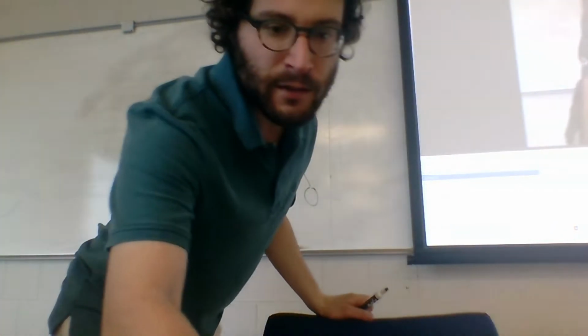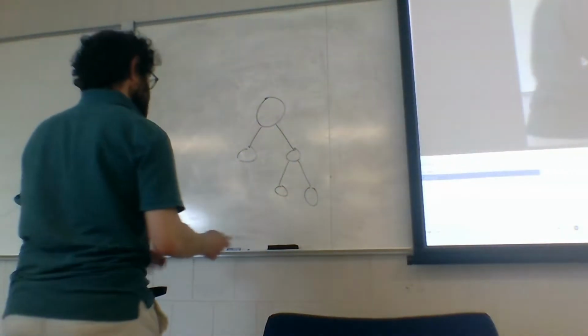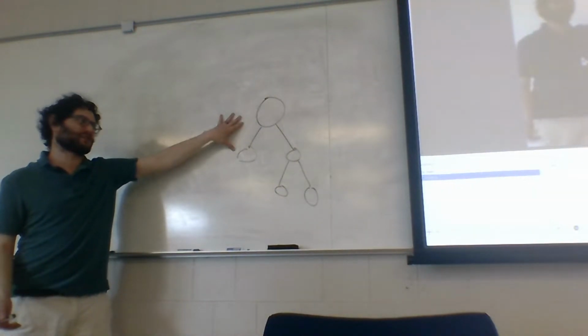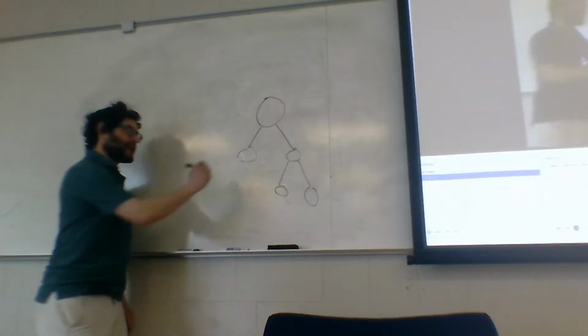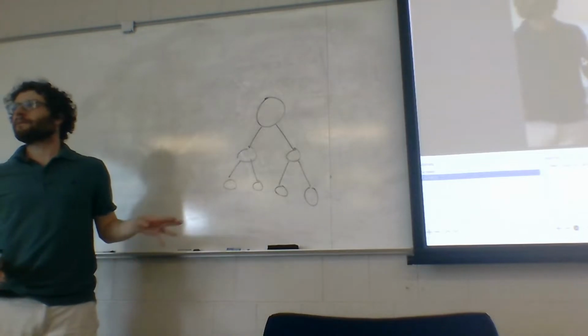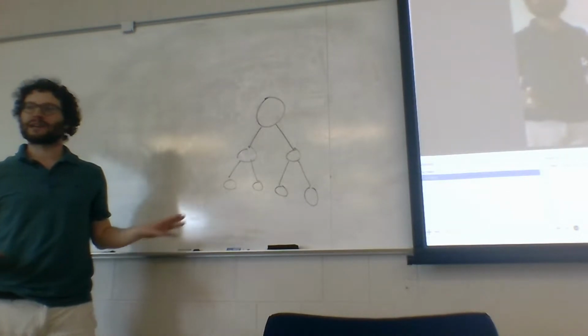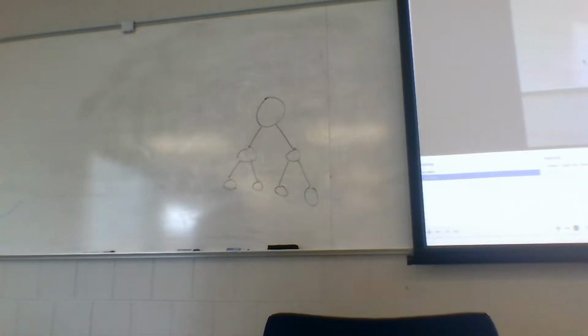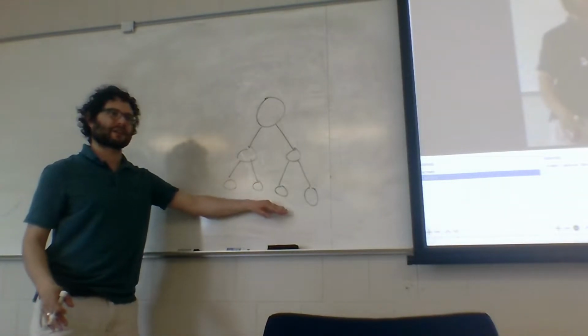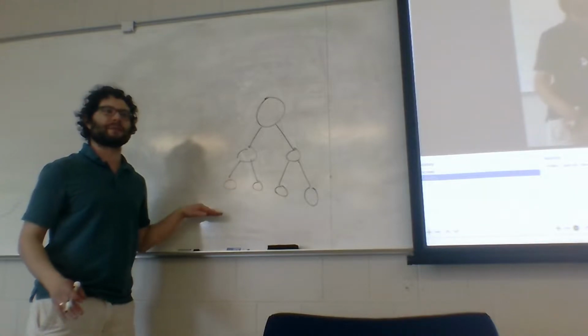Okay. So the other one is complete. This is not a complete tree, even though this area is perfect. Let's first talk about a perfect tree, right? This is a perfect tree over here, if I draw it like this. Everybody kind of knows what a perfect tree looks like. It looks fantastic. It looks symmetrical. Everything is filled up. The bottom row is all even with each other because all the leaves are on the same level.